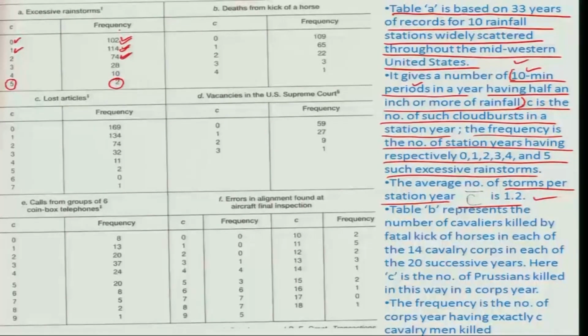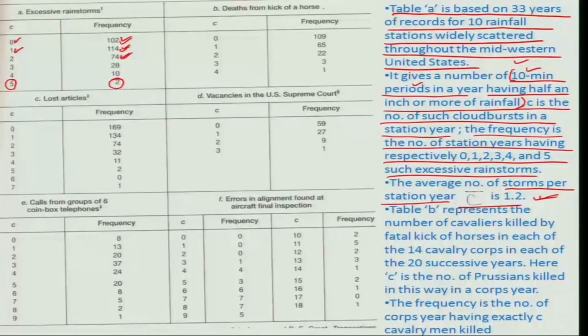That means on an average there are about 1.2 such cloud burst incidents of 10 minutes duration at least, having half an inch or more of rainfall, recorded in almost all the stations in one particular year period in the Midwestern United States. That is what this data represents.